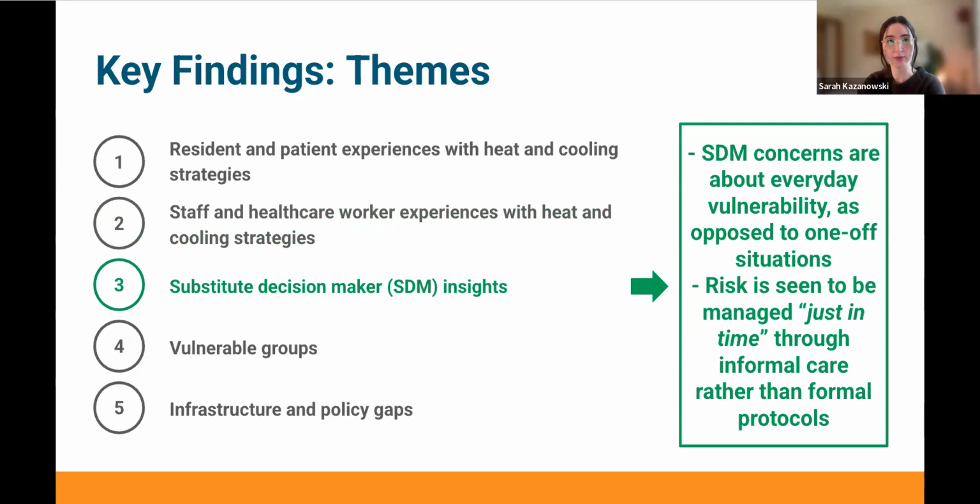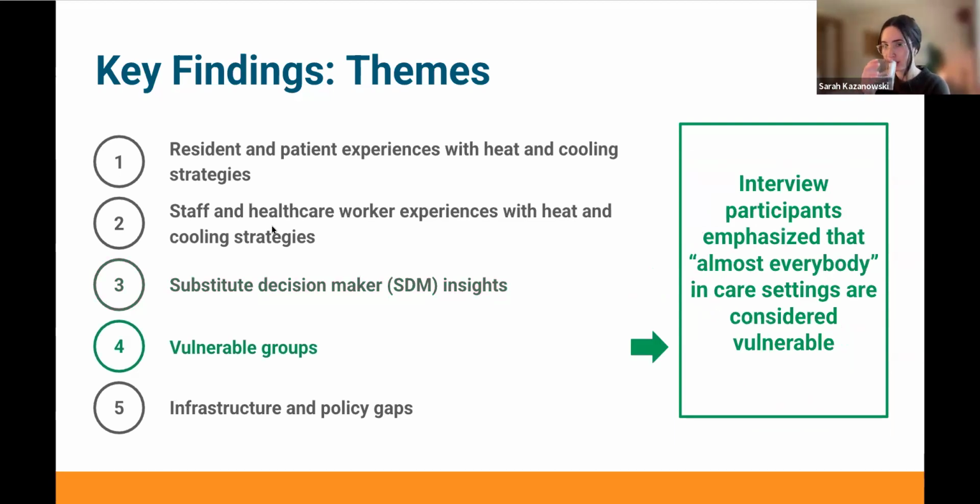They also had concerns about frailty, wheelchair use, limited mobility, and reliance on others for hydration. And they recognized that risk seemed to be managed just in time through informal care instead of having formal protocols in place. If we turn to vulnerable groups, the next slide.